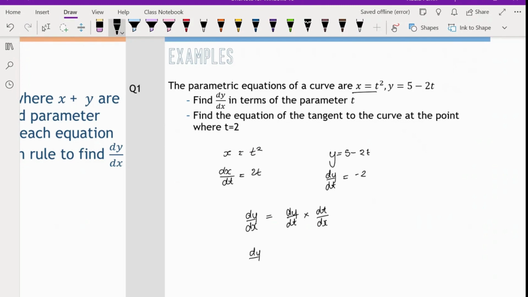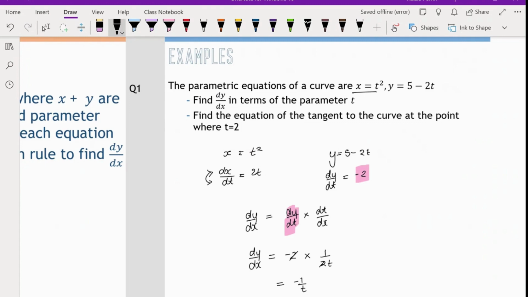So therefore, dy by dx is going to equal dy by dt, which is our negative 2, multiplied by dt by dx. So this one is the opposite. So when we switch it over, we're going to be timesing by 1 over 2t. And those cancel out, so we get negative 1 over t.